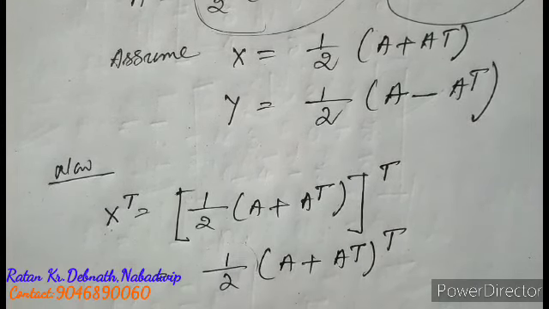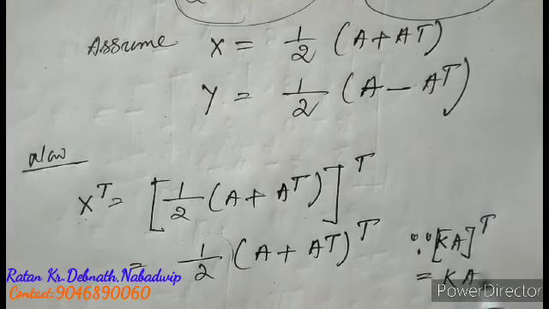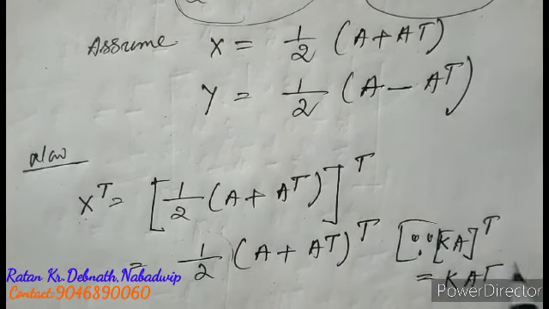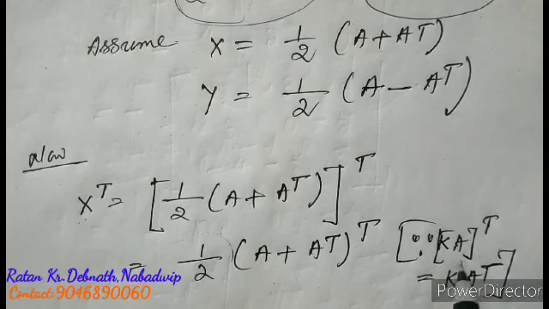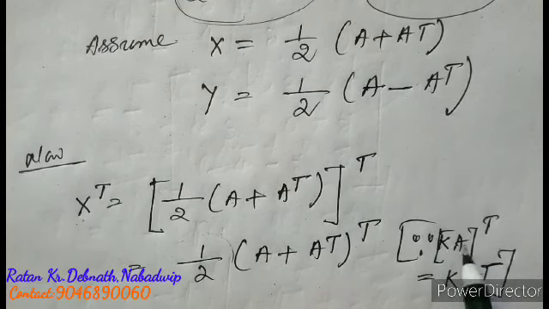Because the constant doesn't matter, (kA) transpose. In the case of any matrix A, constant times A whole transpose equals constant times A transpose.